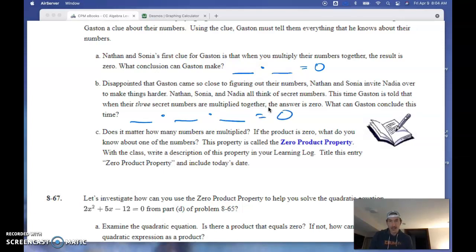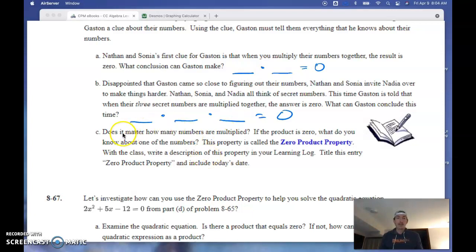What can Gaston conclude? Well, ladies and gents, one more time, if our product is 0, one of the factors has to be 0, and that's true here as well. So Nathan's number, Sonia's number, or Nadia's number has to be 0, or multiple of them could be 0, right? It's true that 0 times 0 times 0 is 0 as well.